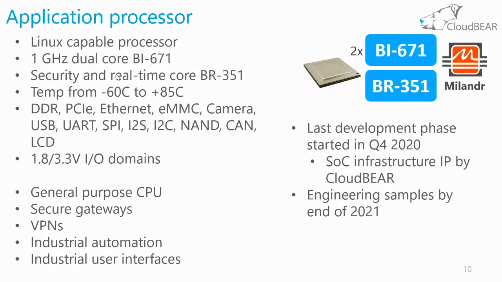This CPU will have a quite rich set of peripherals. It more targets general purpose small Linux processors and secure gateway processors. It will have some crypto acceleration, so it can be used in VPNs and industrial automation, and in providing different user interfaces in the industrial automation environment.